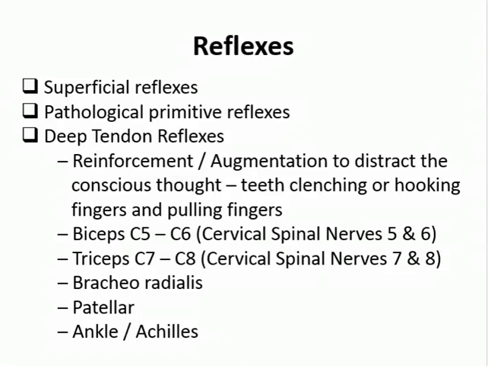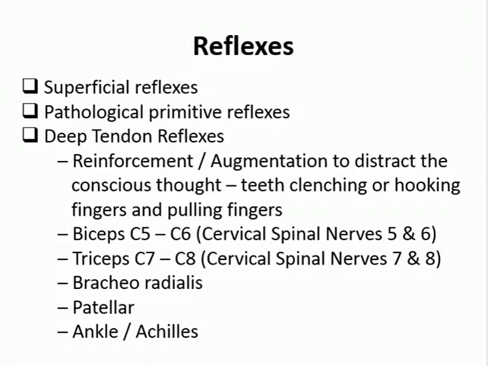Now we will assess the reflexes. Reflexes are of three types: superficial reflexes, pathological primitive reflexes, and deep tendon reflexes. To assess these, use reinforcement or augmentation to distract the conscious thoughts, such as teeth clenching or hooking fingers and pulling.